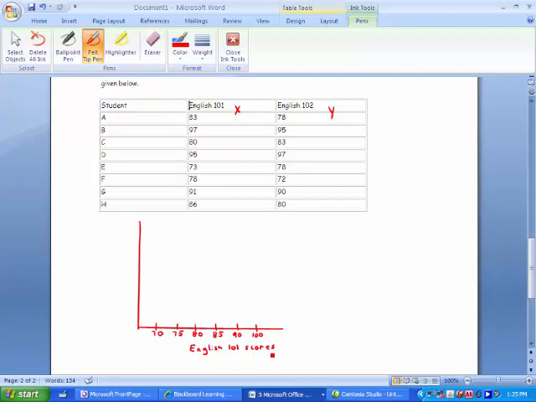Now I'm going to do the same thing on the y values. I'm going to notice that the smallest y value is 72 and that the largest y value is again 97. And so I think a similar scale would work, starting at 70 and counting by fives until I get to 100.